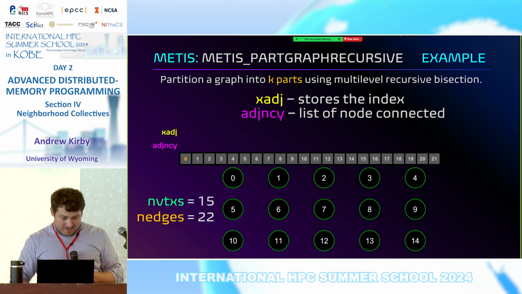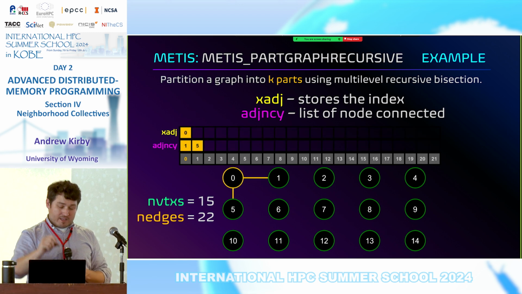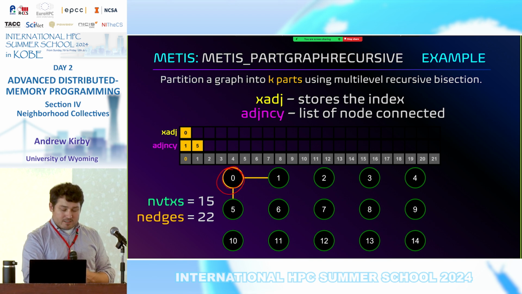So, X adjacency. You start with node index 0, right? So let's look actually at the adjacency matrix first, okay? Node 0 is connected to nodes 5 and 1. Here, I guess we'll list 1 and 5, okay?